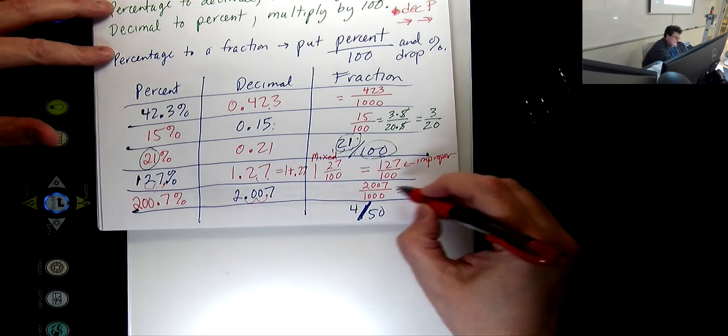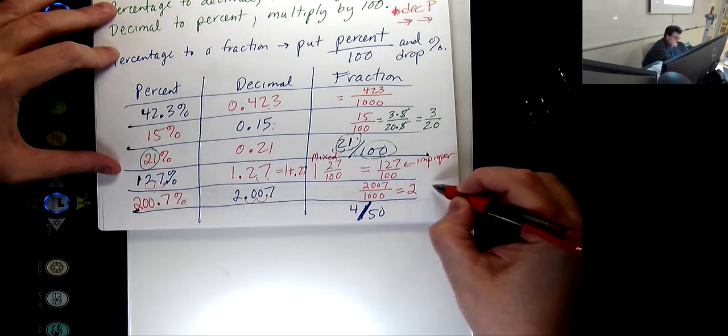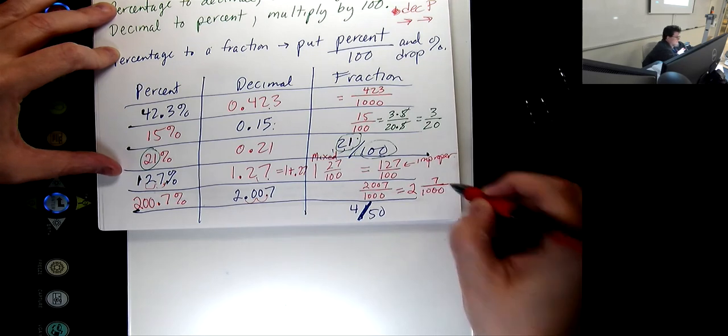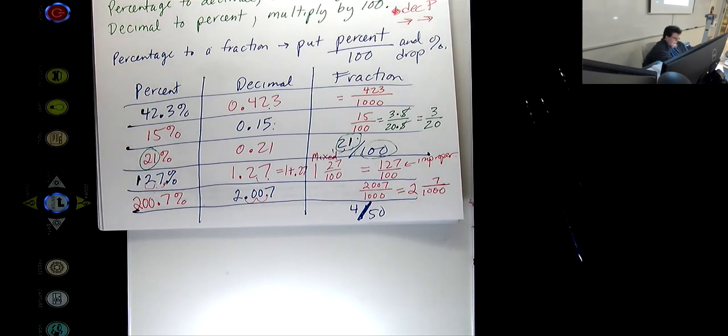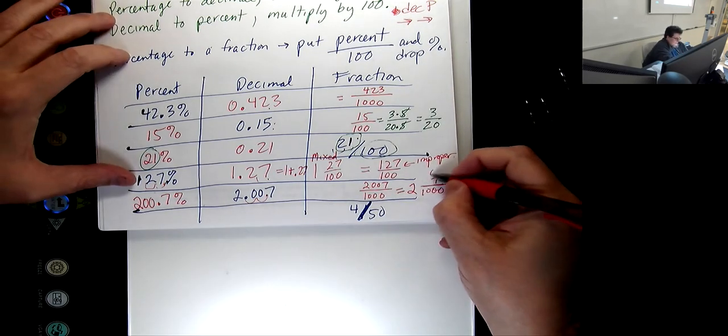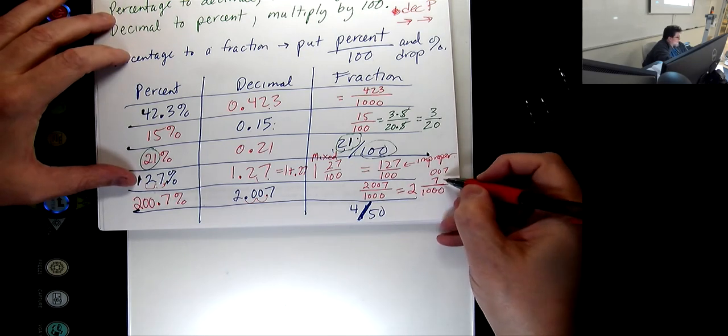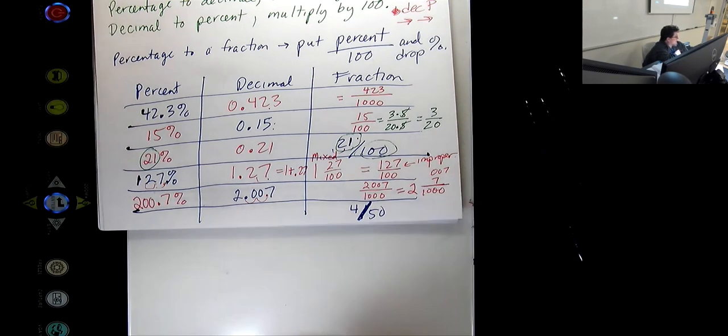Or like I was saying earlier, you can do the mixed number and have 2 with 7 over 1,000. It's really 007, but when I have the zeros in front, I wouldn't write them unless I wanted that James Bond look.